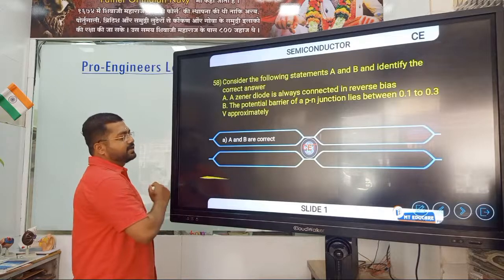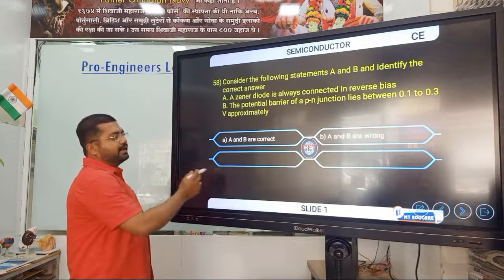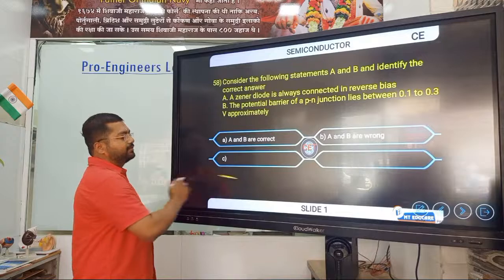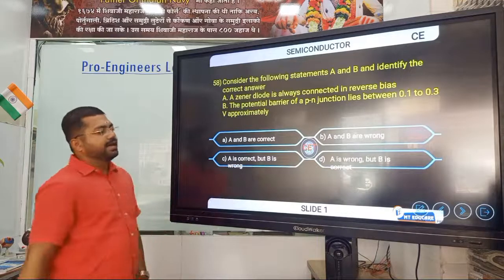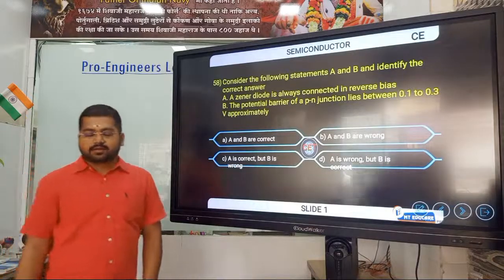आंसर देने से पहले इसे ठीक से पढ़िए। A and B are correct. A and B are wrong. A is correct but B is wrong. And A is wrong but B is correct.